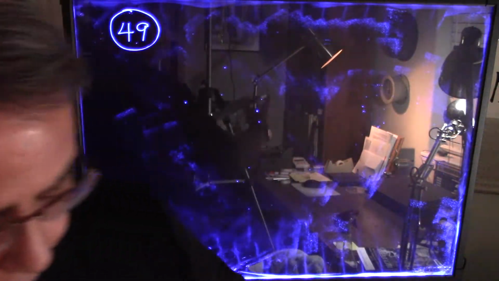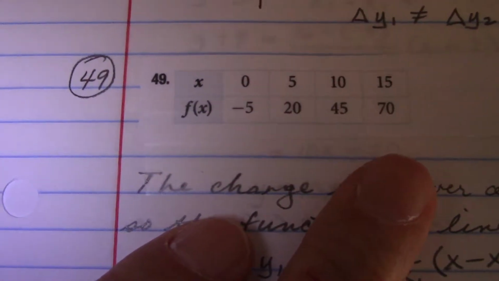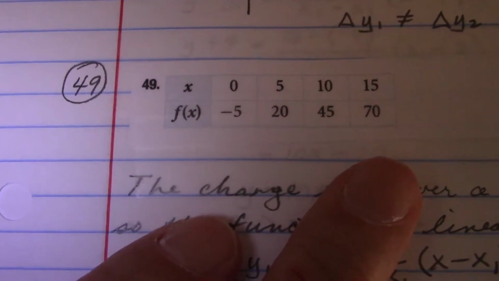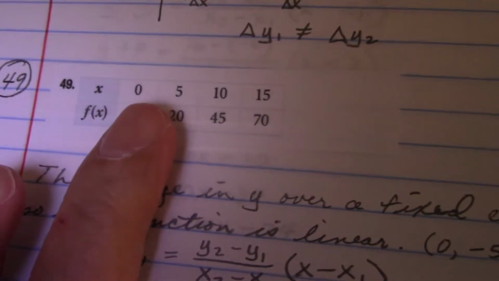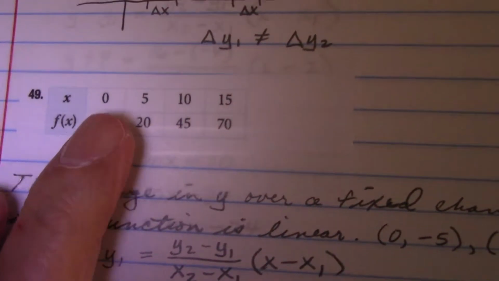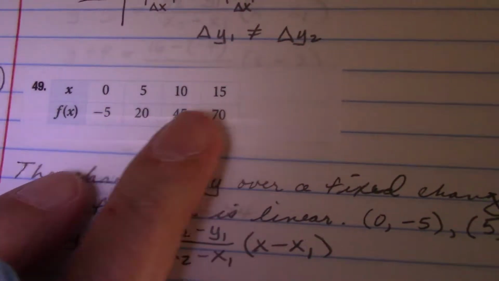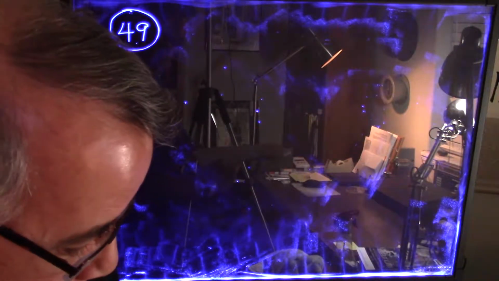Okay, number 49. So here we have a table. Note that the changes in x are the same, 5 units for each change. Question is, are the y's changing in a constant way?